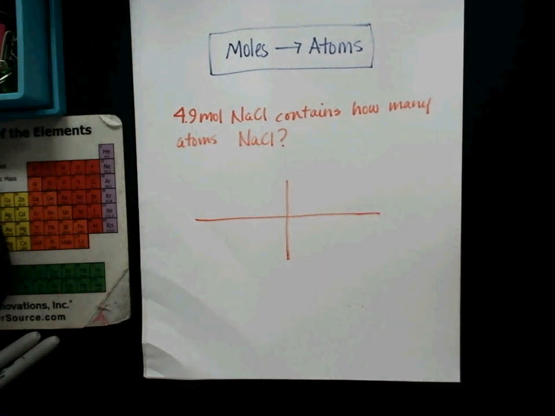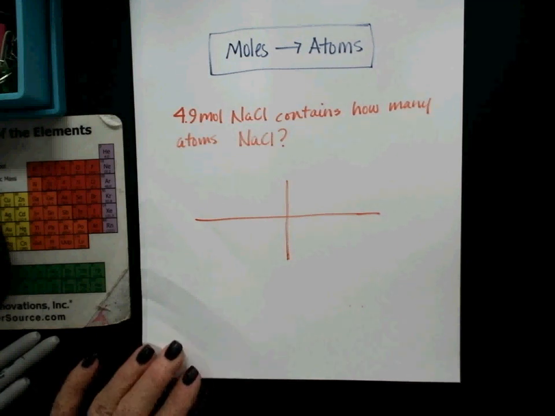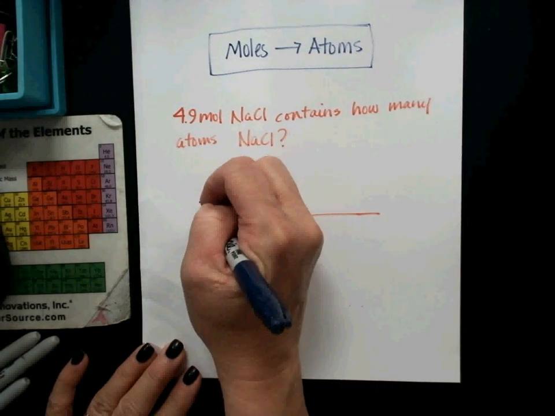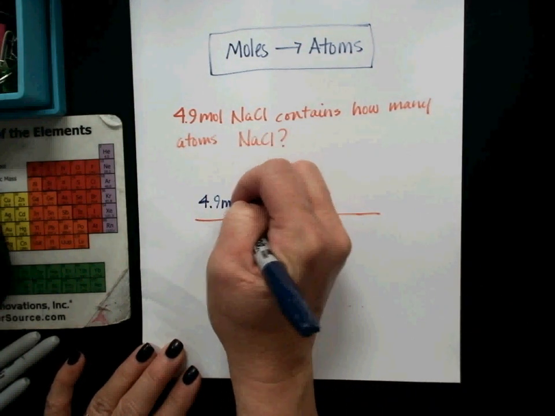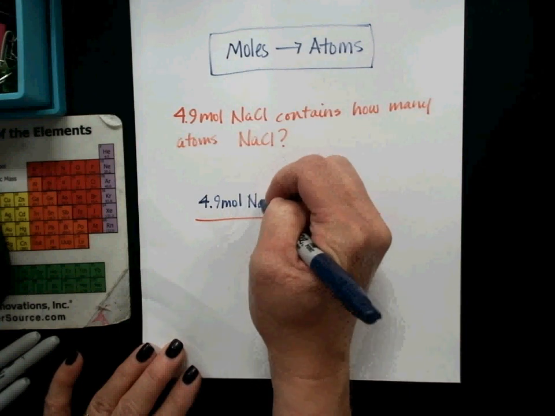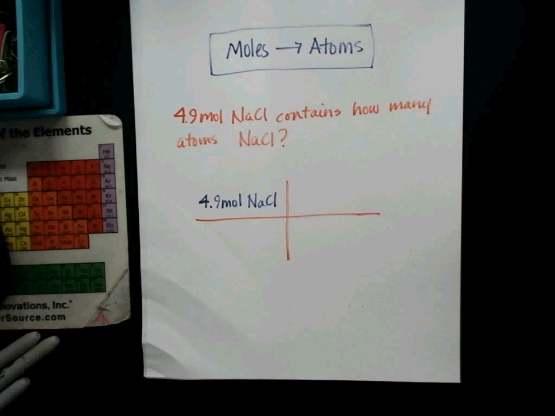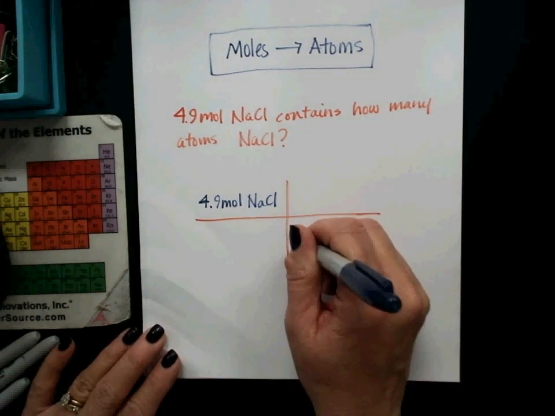So you just told me it was a 2-step problem, and you're right. So what is my given, Jacob? Good. 4.9 moles NaCl. What do I need to cancel out?